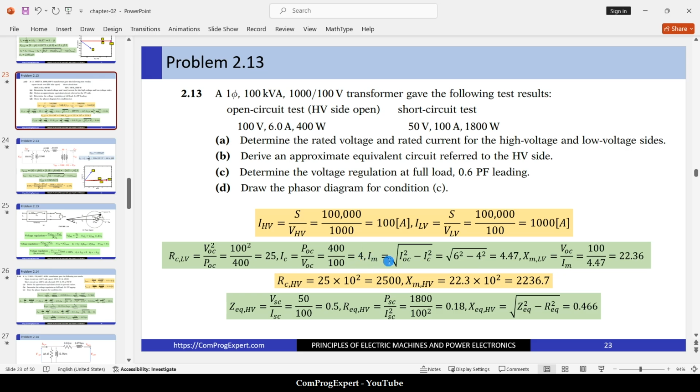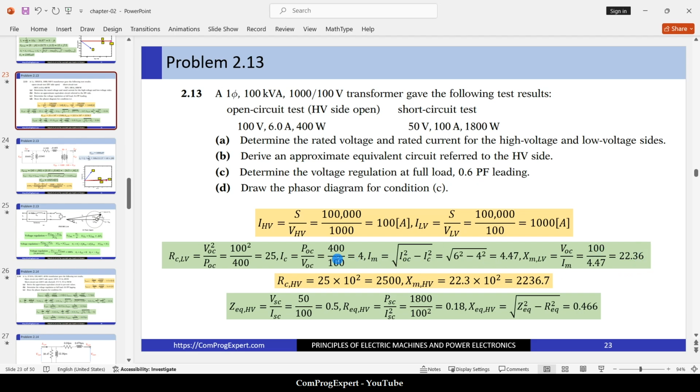Knowing the value of the IM, we can calculate the magnetizing reactance, that is equal to the voltage of the open circuit divided by the magnetizing current, that is equal to 22.3 ohm.